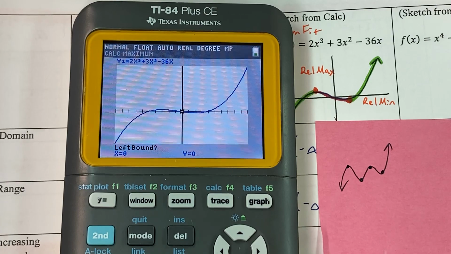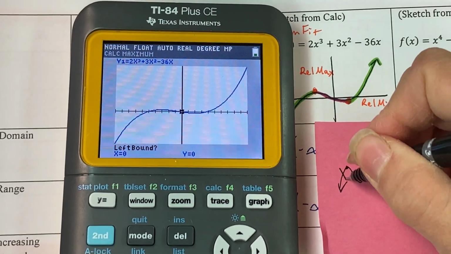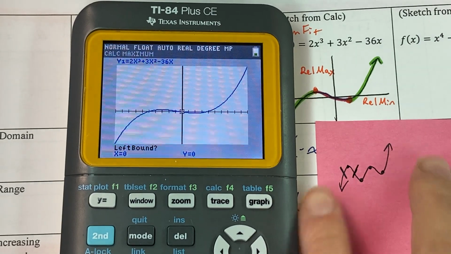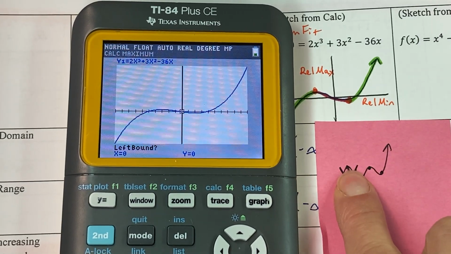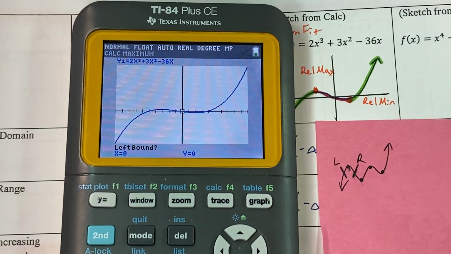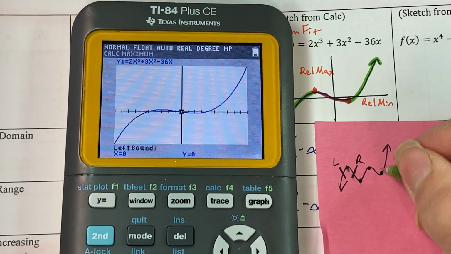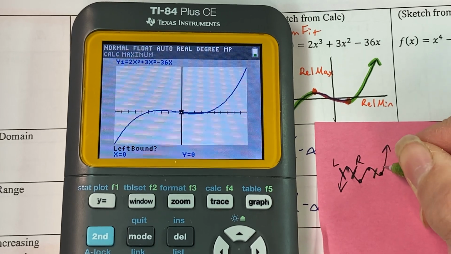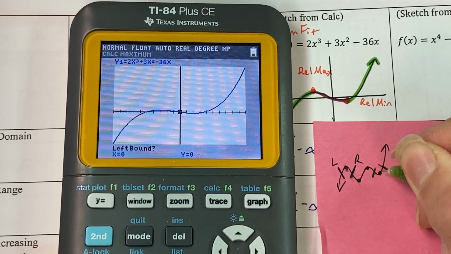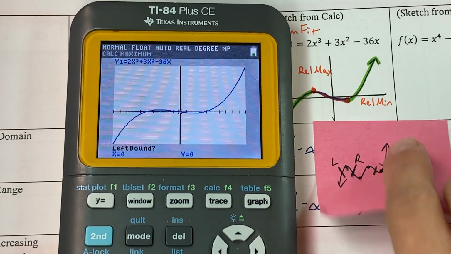So to tell our calculator which of these we want to find, we essentially have to set a left bound and a right bound for it to clap and hit the point that's in between those 2 left and right bound marks. So if I wanted to find this one, I set this as the left bound, this is the right bound, to say, hey calculator, why don't you clap those 2 together and find the point between them.